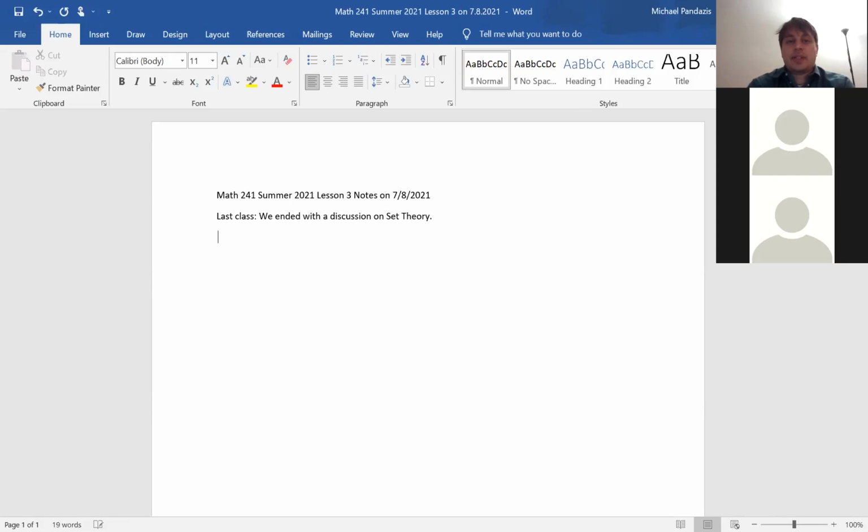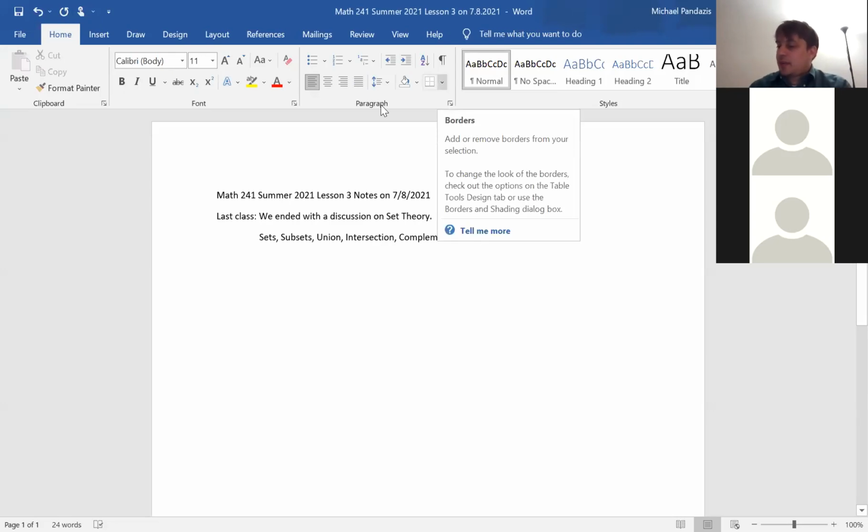In set theory we talked about several different things: sets, subsets, union, intersection, and complementation. So these are the 5 things we talked about in set theory. I gave definitions and Venn diagrams, which were picture illustrations of these 5 things. That was how we ended last class.